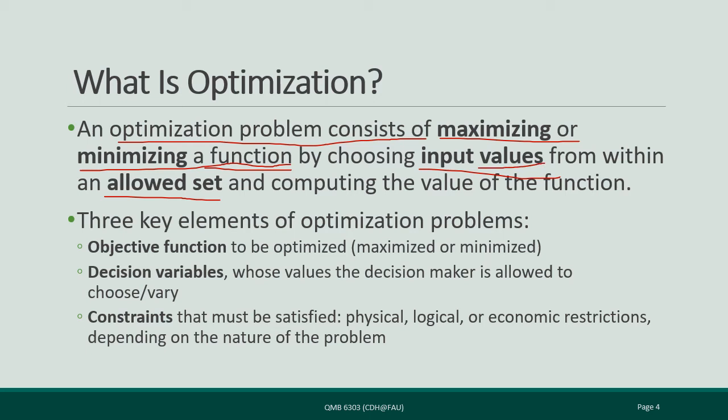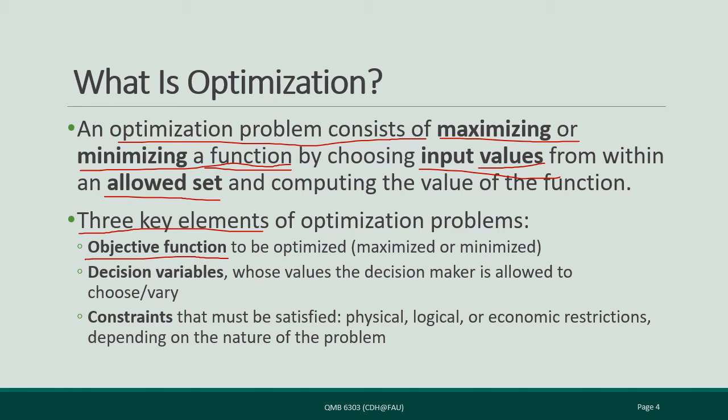So using that example, we can see the three key elements of an optimization problem. The objective function is the function to be minimized or optimized. In that example, you're minimizing your commute, so the commute time is the objective function.